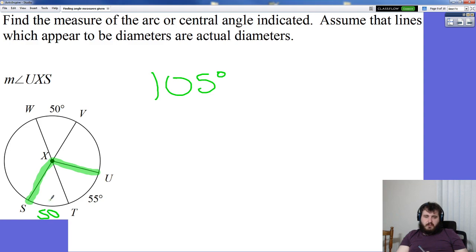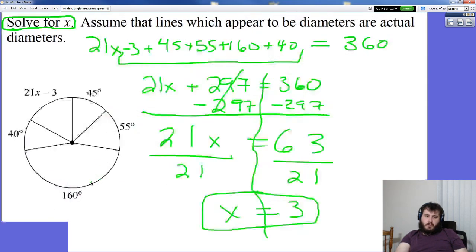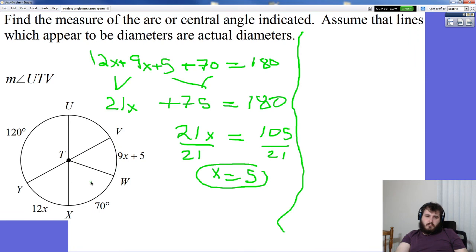This is 50, so that's 50. So they added up to 55. Look, it's the exact same problem. I want UTV, but I got XTY. This is 60, isn't it? 5 times 12, right? So if this is 60, this had also better be 60. Our answer is 60. The measure of angle UTV is 60.